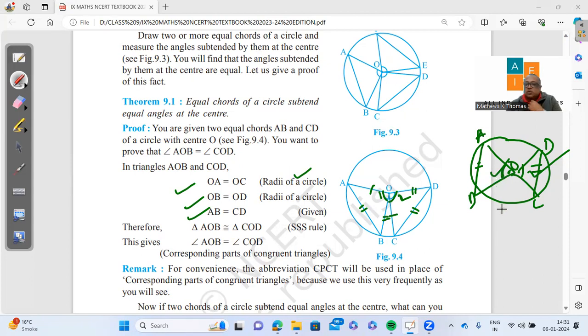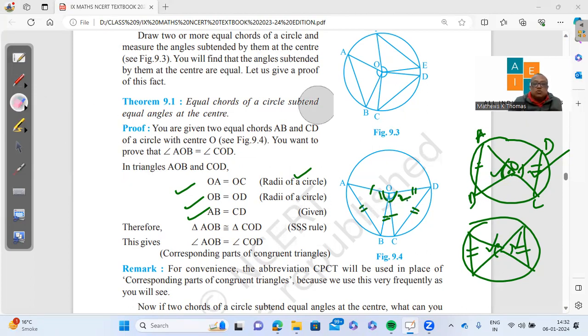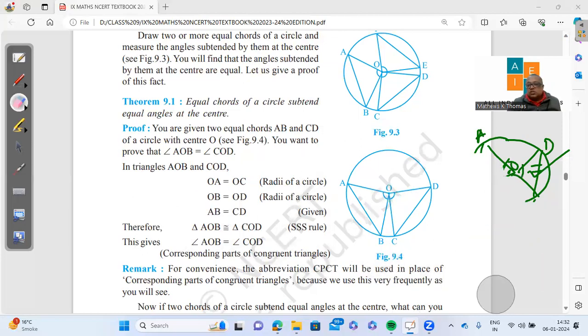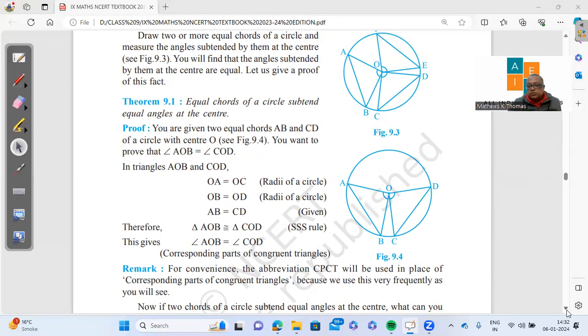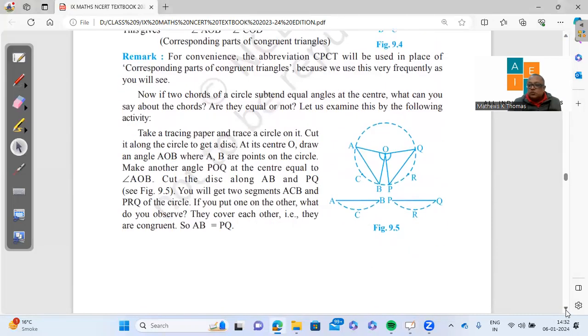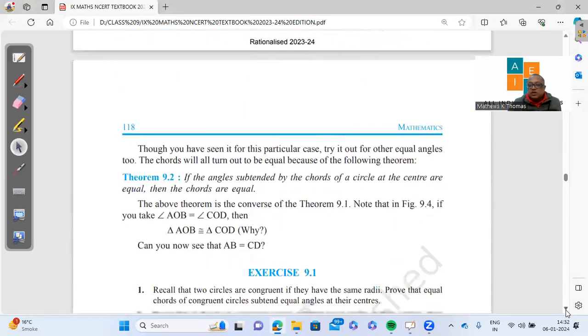The converse of this will also be true: if the angles subtended by two chords are equal, then we can say that the chords are equal. If angle 1 equals angle 2, then obviously AB equals CD. So this is the first theorem that can come with proof, and it's a simple theorem. Just prove the triangles congruent by SSS.